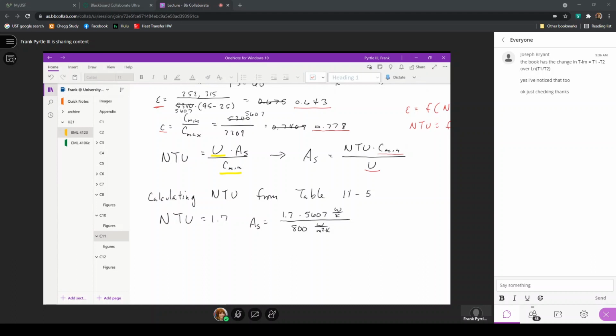So here you can see that the expression of the surface area will just have square meters. This expression that we determined for the surface area, 1.7 times 5,607 divided by 800, is 11.915 square meters.